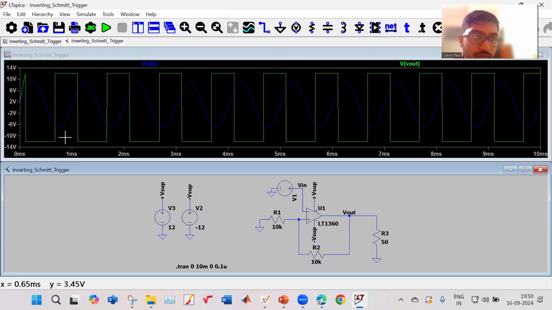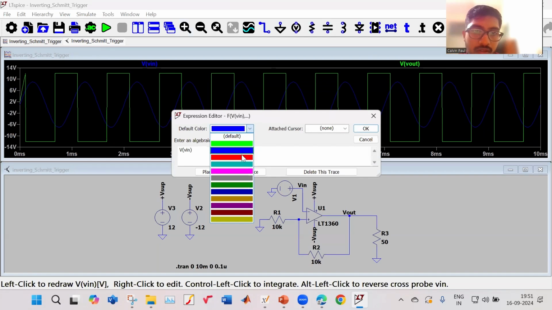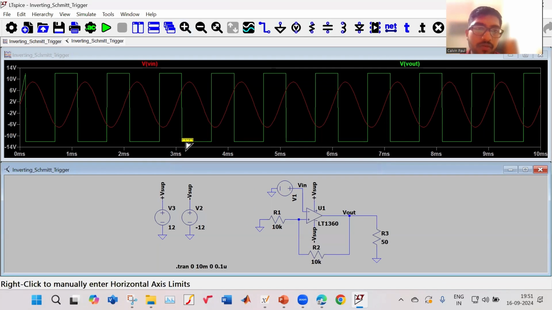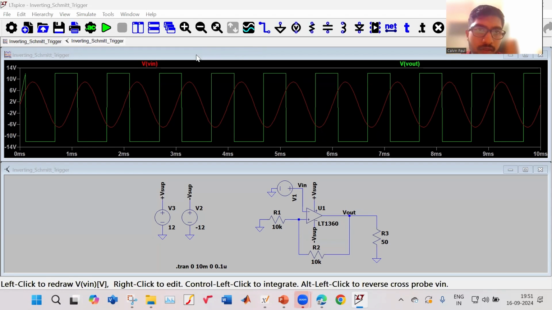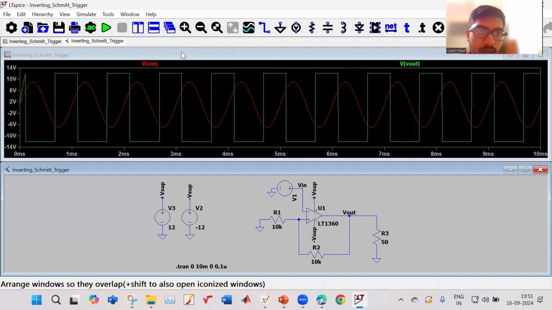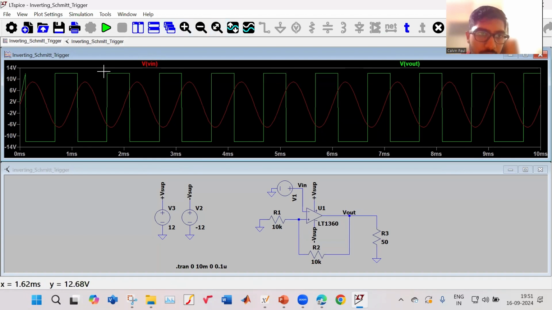This is my output. This is my input. Let us zoom in for one part.